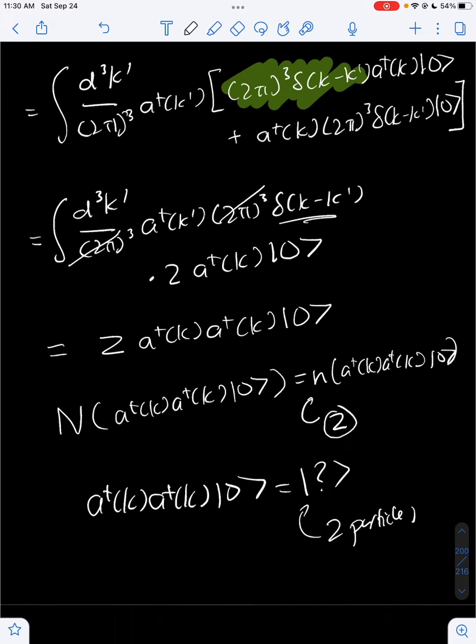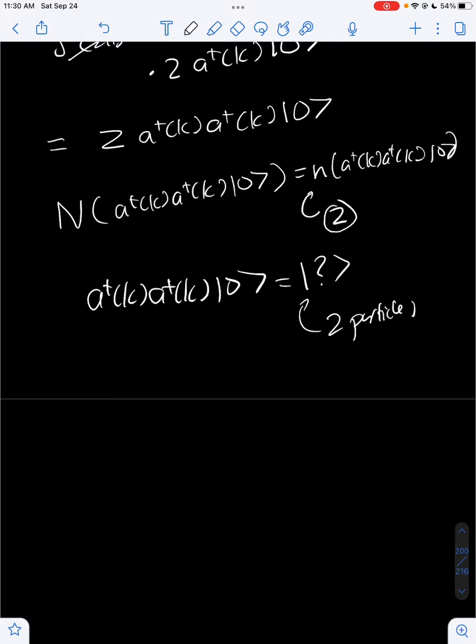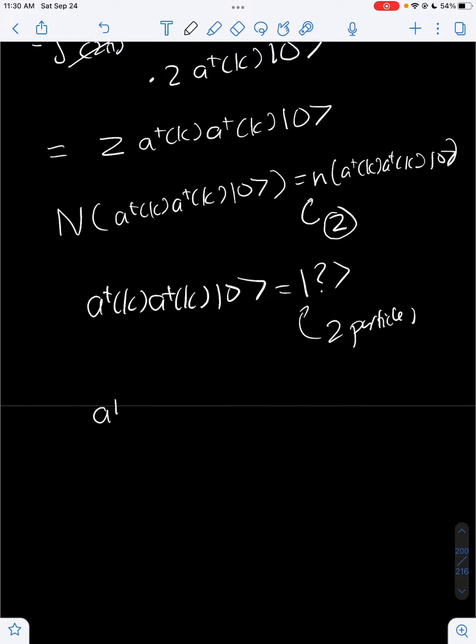So this is a pretty interesting thing here because A conjugate K, well, let's use a ladder here. So the vacuum state has 0 particles, right? And we can just put this into the number operator to confirm that it has 0 particles. A conjugate K acting on the vacuum state gives us a state that has 1 particle.